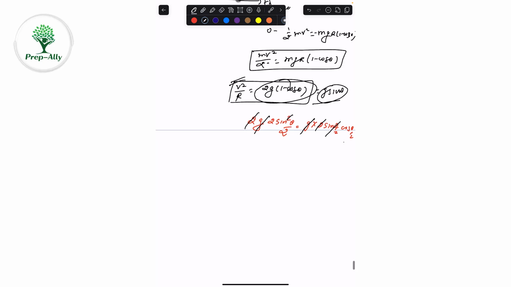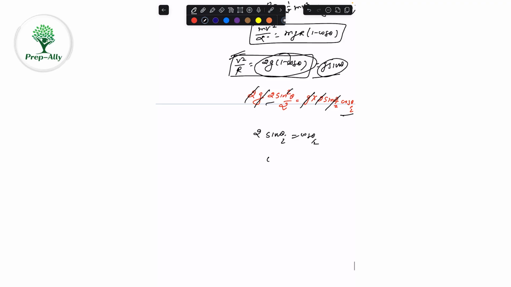What do we have is, oh no, sorry, we have 2 into sin theta by 2 is equal to cos theta by 2. From here we get tan theta by 2 is equal to 1 by 2.